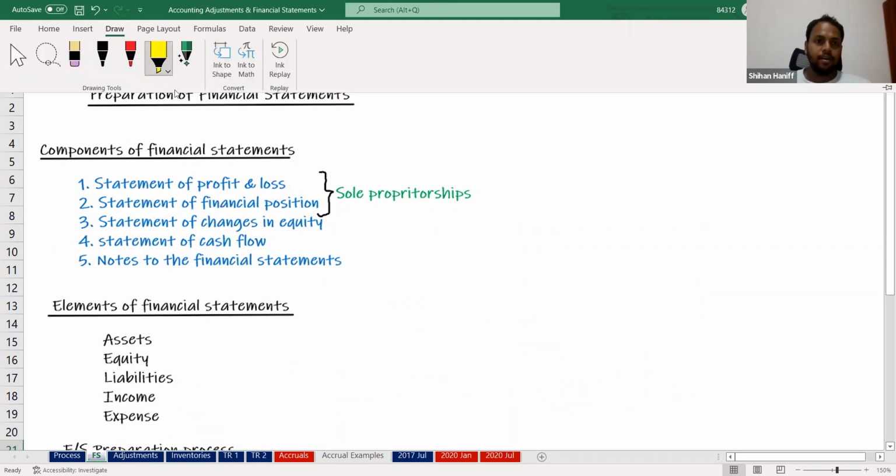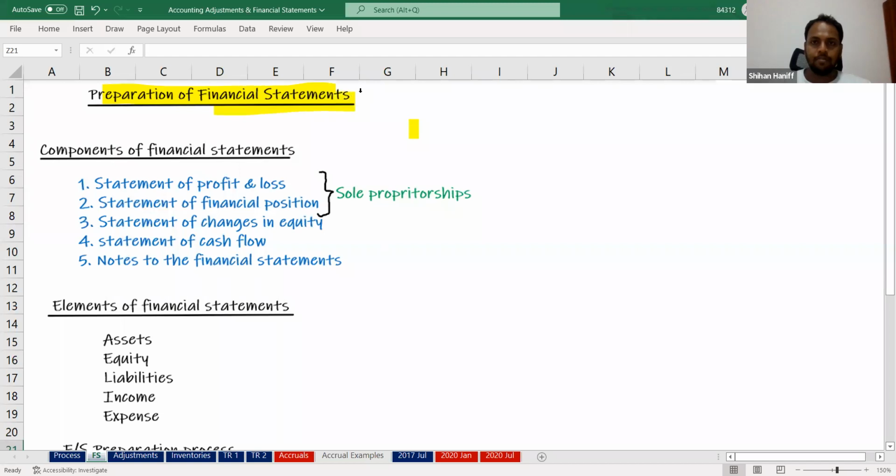So I was explaining the financial statements. There are 5 components of financial statements: statement of profit and loss, statement of financial position, changes in equity, cash flow, and the notes. Initially, we will be preparing financial statements for sole proprietorships.